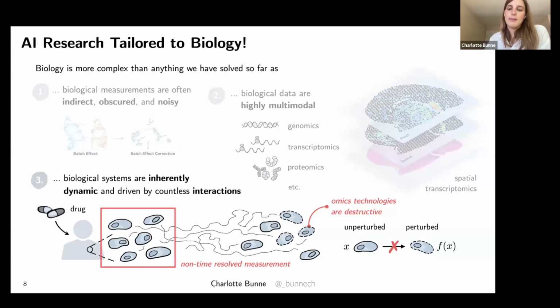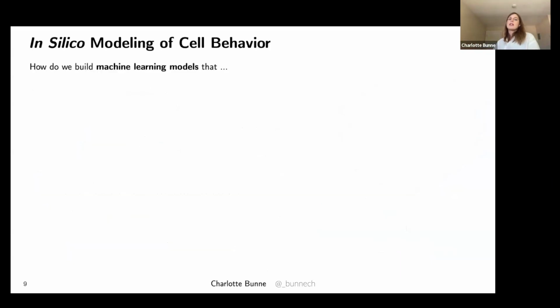So this is why we have basically non-aligned, non-time resolved or snapshot measurements available to study these dynamical processes over time. And so what we want though, to be really successful and excel in, for example, forecasting treatment outcomes, is to have machine learning models that really in silico understand cell behavior.